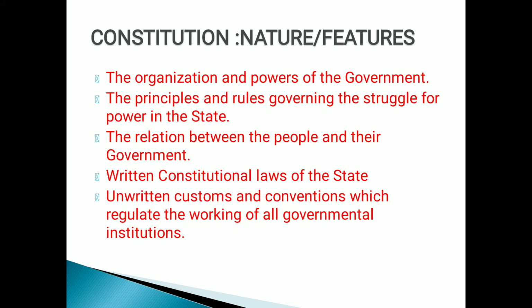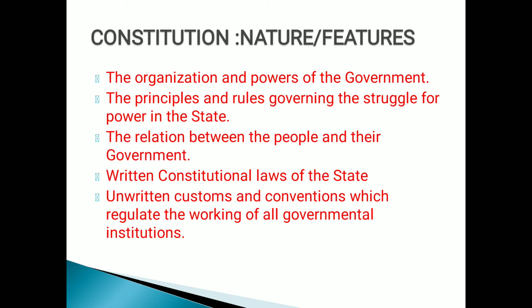Okay, so we have the nature and features of the Constitution. Now, if you analyze, the constitutional law of the state is a supreme law. It describes the organization and power of the government, first thing, children. Then the principles and rules governing the struggle for power in the state, the relation between the people and their government, and the rights and duties of the people.